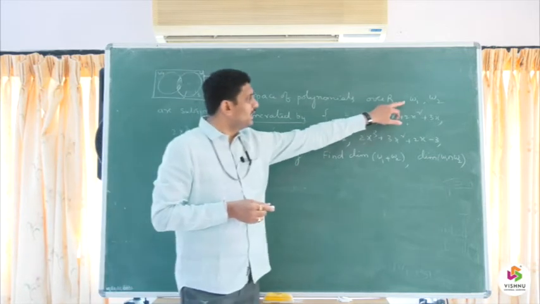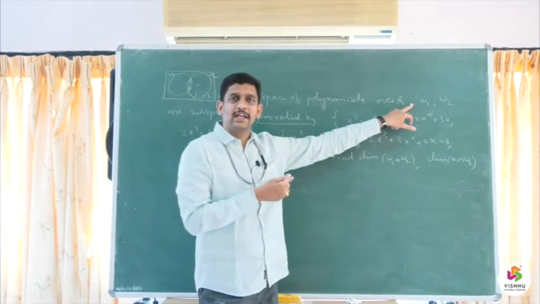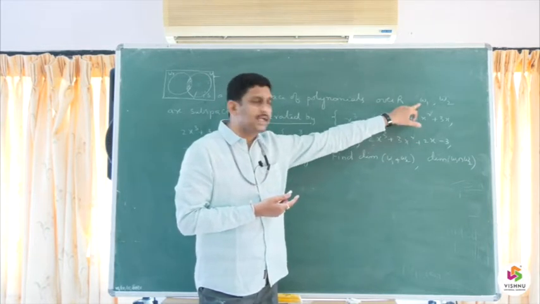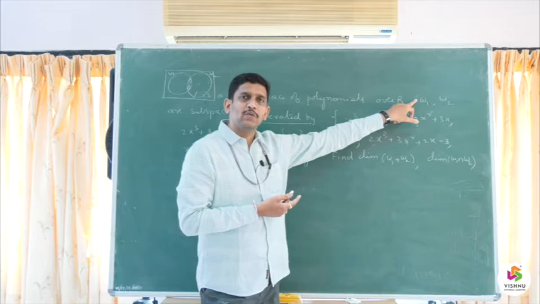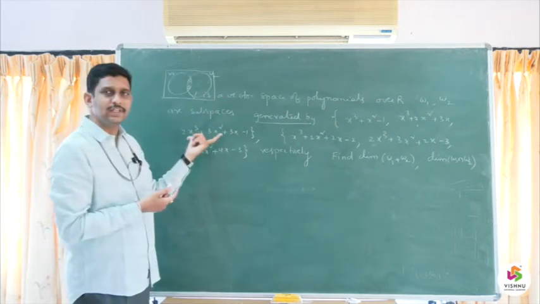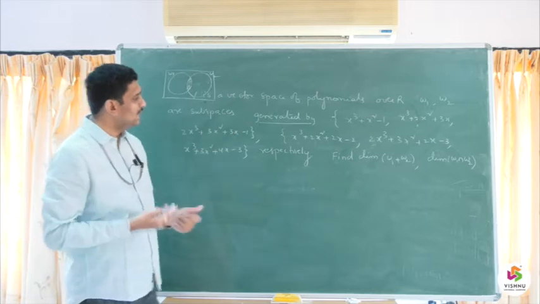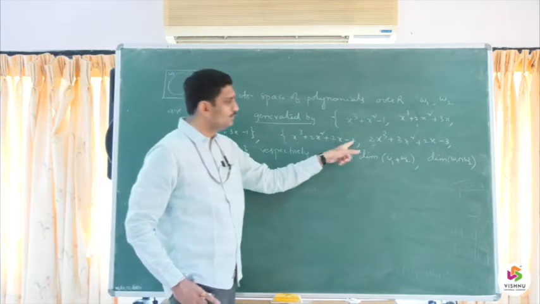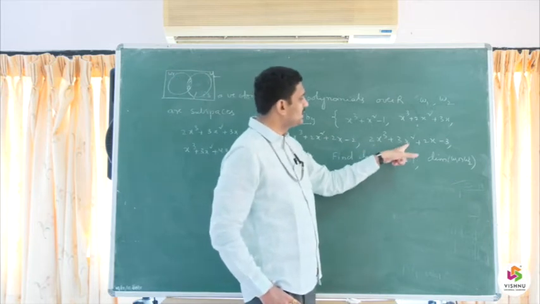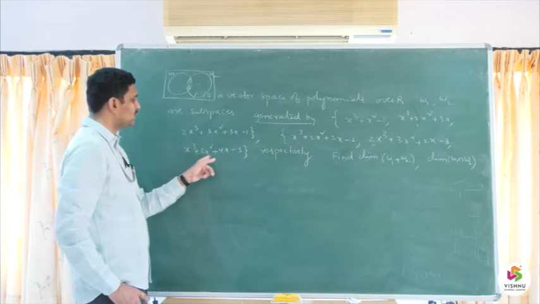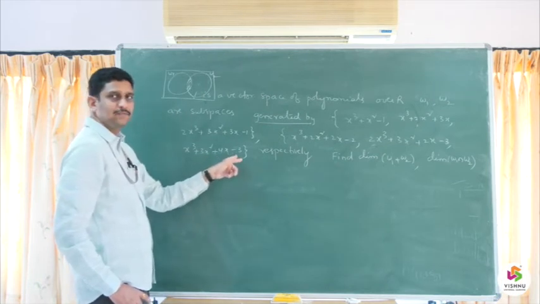So, if you take any polynomial in W1, you can write it as a linear combination of the three polynomials here. Then you have the other set: x cube plus 2x square plus 2x minus 2, 2x cube plus 3x square plus 2x minus 3, x cube plus 3x square plus 4x minus 3.